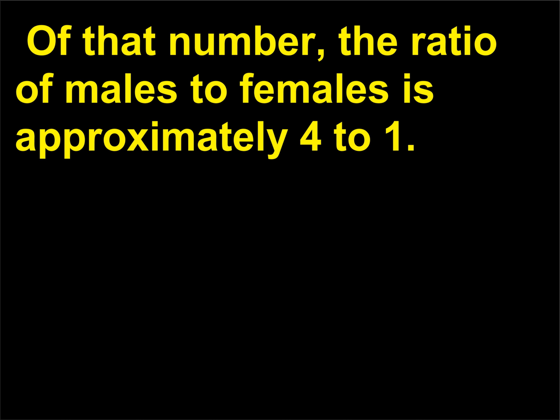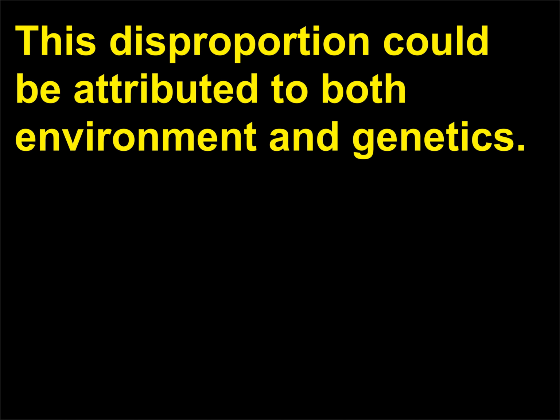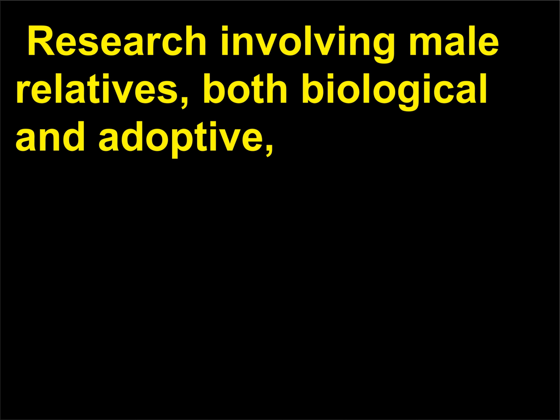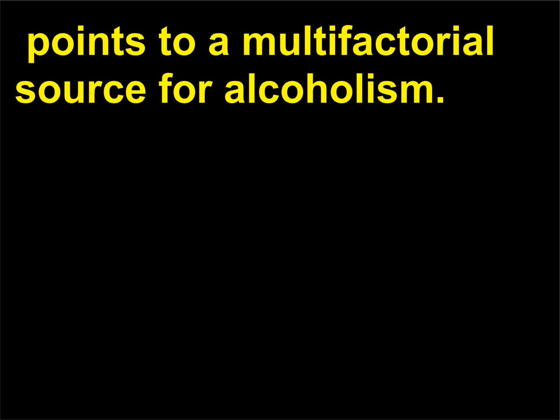Of that number, the ratio of males to females is approximately 4 to 1. This disproportion could be attributed to both environment and genetics. Research involving male relatives, both biological and adoptive, points to a multifactorial source for alcoholism.